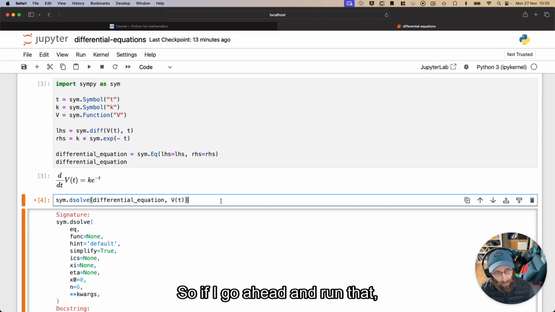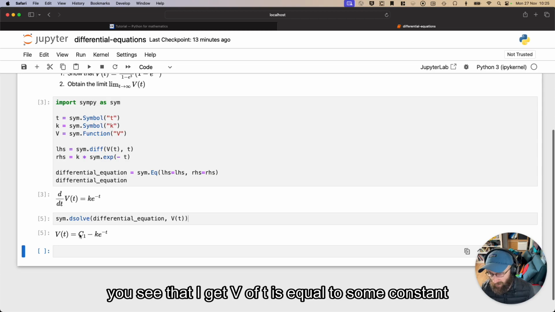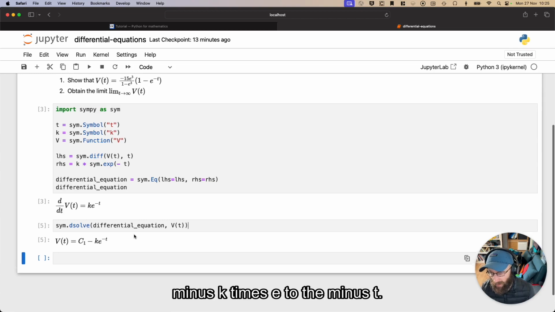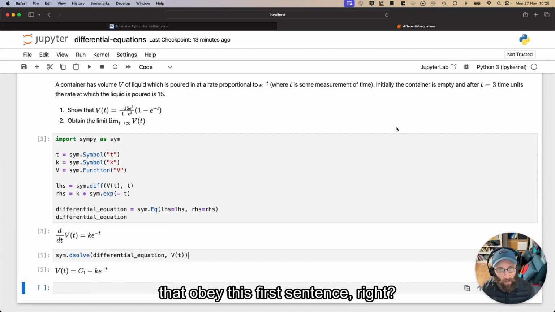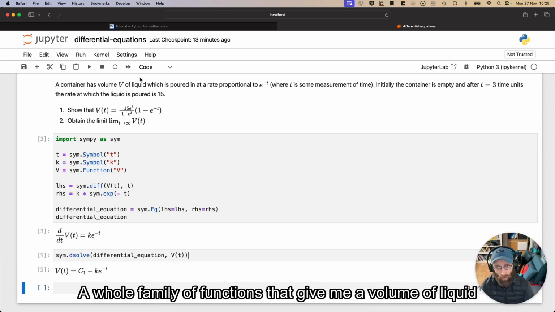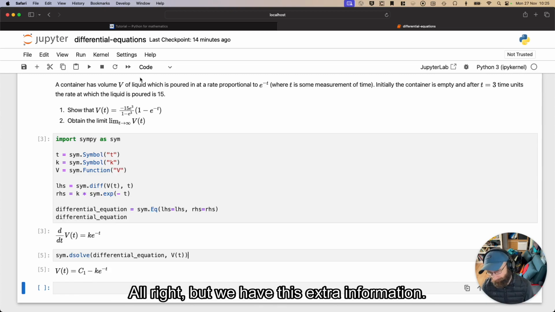If I go ahead and run that, you see that V of t is equal to some constant minus k times e to the minus t. So what I've got now is a whole family of functions that obey this first sentence, a whole family of functions that give me a volume of liquid poured in at a rate proportional to e to the minus t.